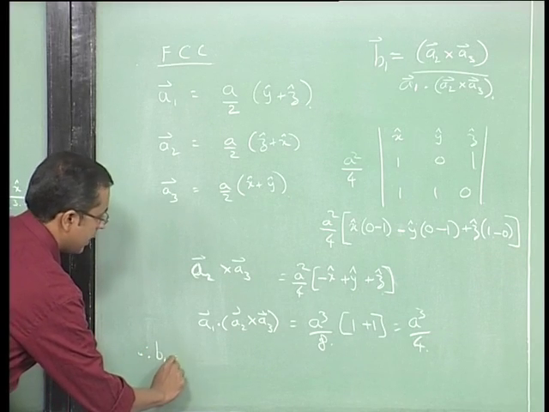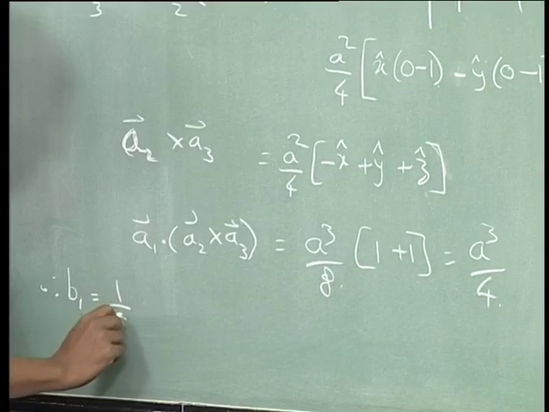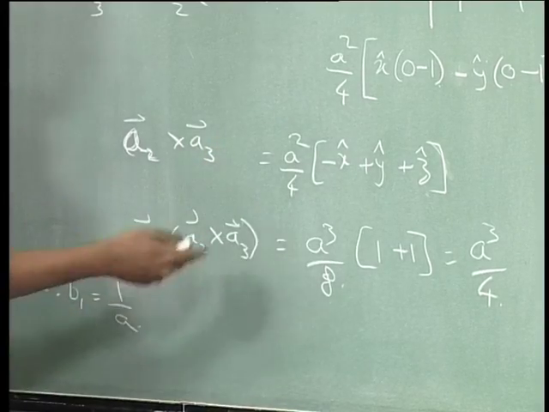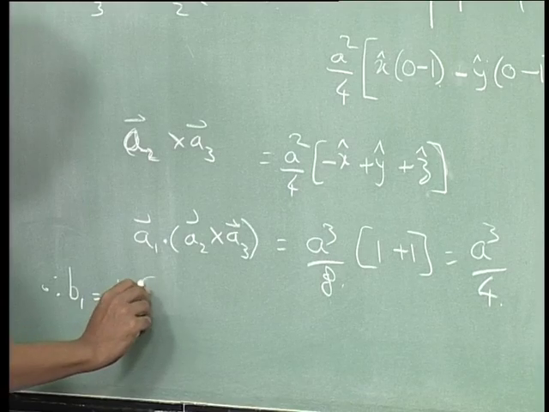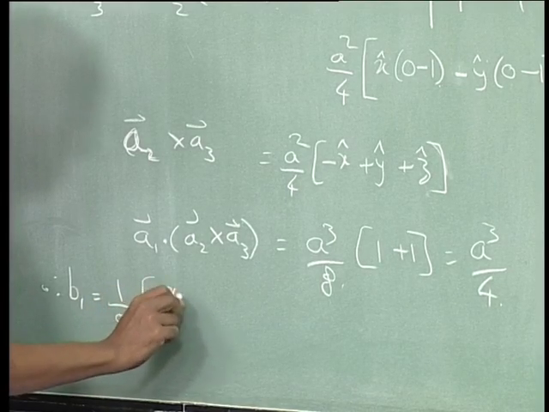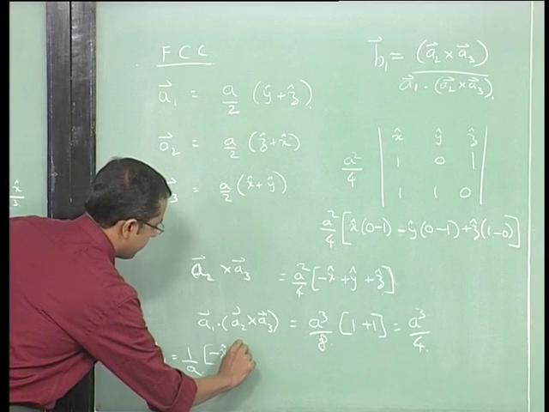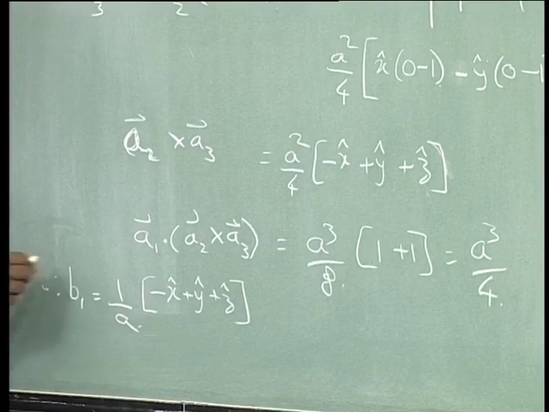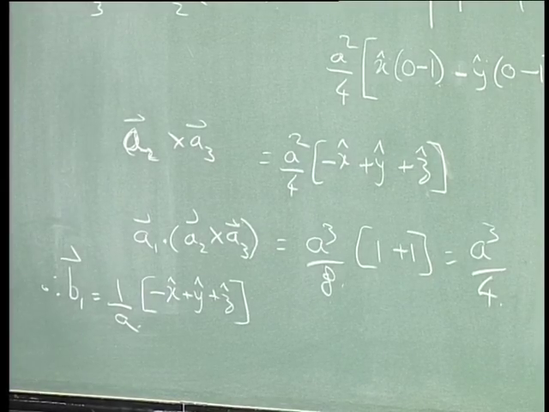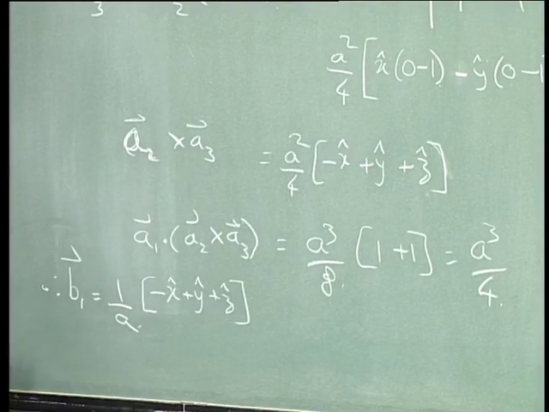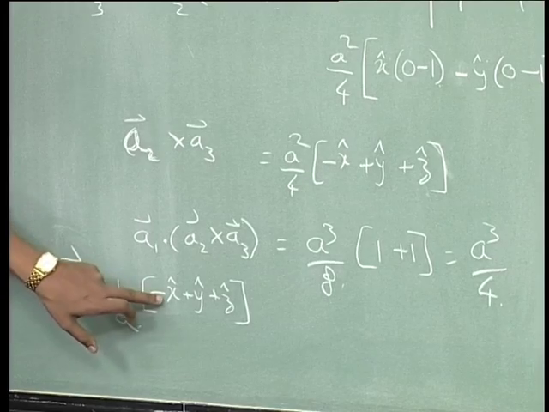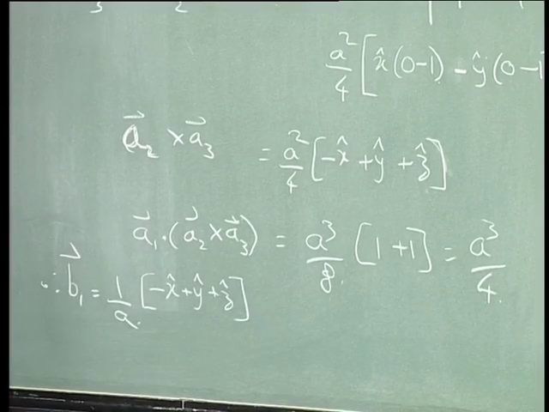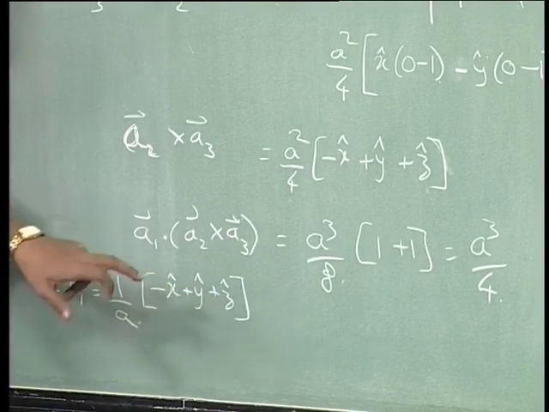So B1 will be 1 by a, because if you divide by a cube by 4, the 4 and 4 get cancelled, you have a square by a cube, which is 1 by a, times minus x cap plus y cap plus z cap. So this is B1. Similarly, by symmetry, B2 will get you minus y plus x plus z, and B3 will get you minus z plus x plus y.